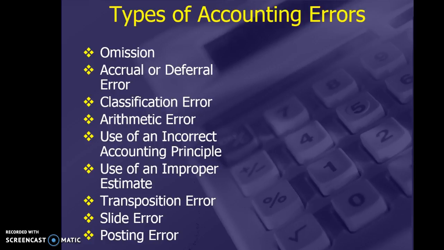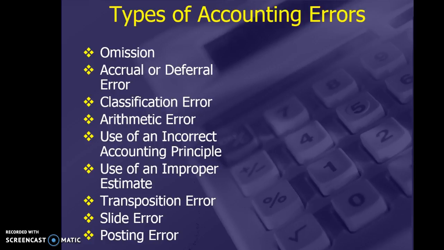Some of the areas impacted by an estimate would be our allowance for doubtful accounts, our warranty claims, and possibly inventory net realizable value issues. Those are things to keep in mind, and we'll probably see some of those in questions.